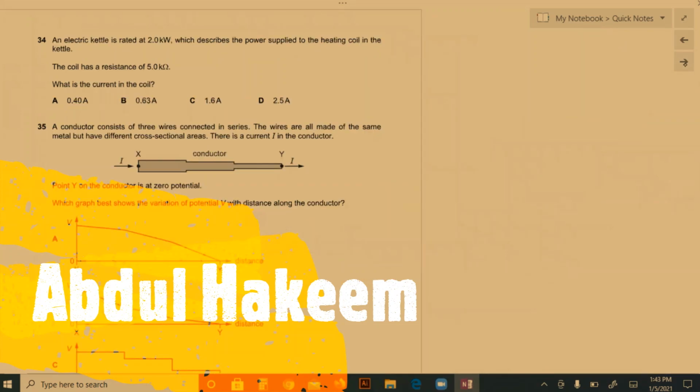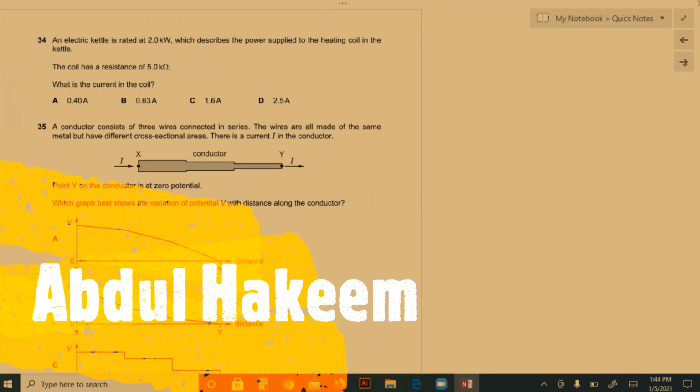Now move to number 34. An electric kettle is rated at 2 kilowatt, which describes the power supplied to the heating coil in the kettle. The coil has a resistance of 5 kilo ohm. What is the current in the coil? So we have to calculate the current in the coil.